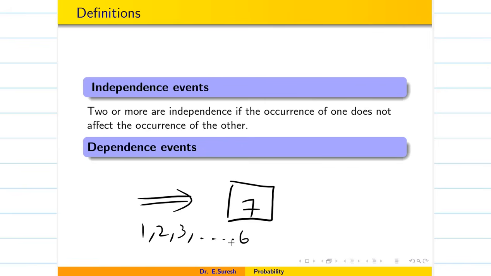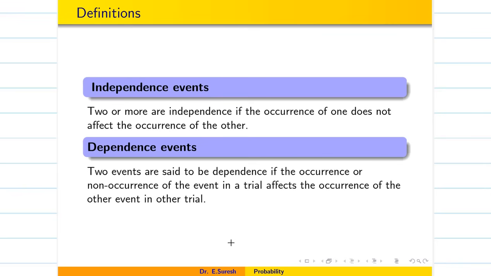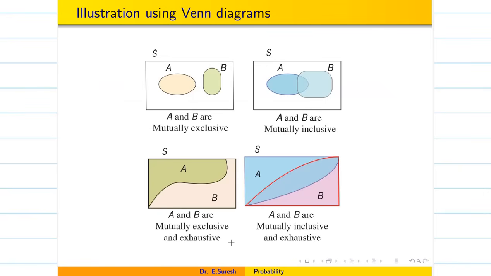To reach level 7, you have to clear level 6. So the occurrence or non-occurrence of one event is going to affect the occurrence of the other events in the trial, then they are called dependent events.